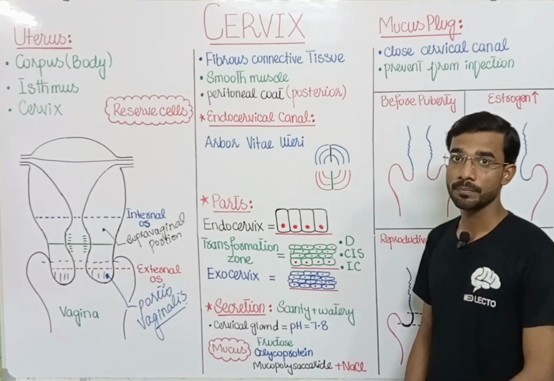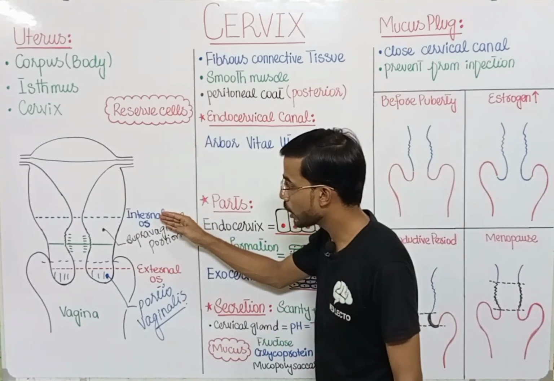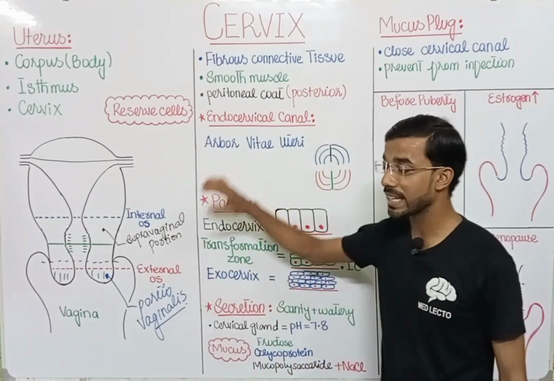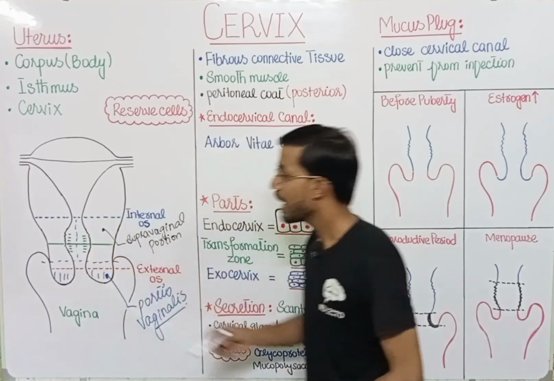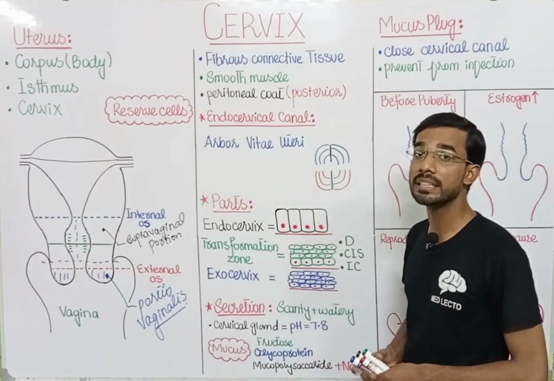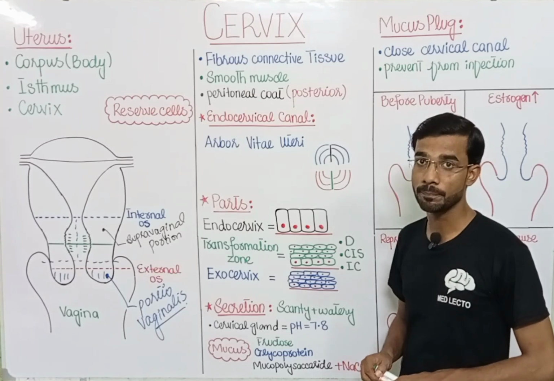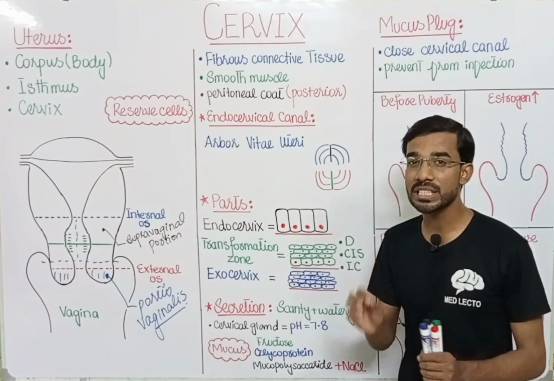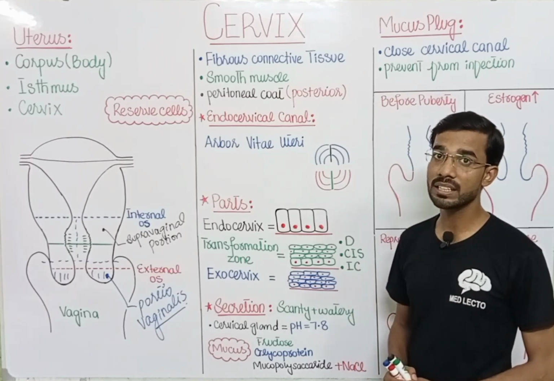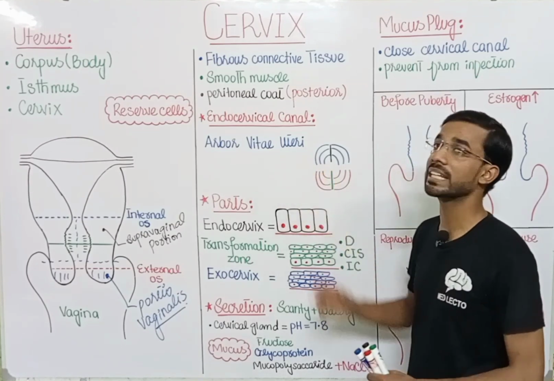Between the internal opening and the external opening there is a canal. Here is the canal, and that canal is called the endocervical canal. In the endocervical canal you will see a specific texture, and that texture is called the arbor vitae uteri.